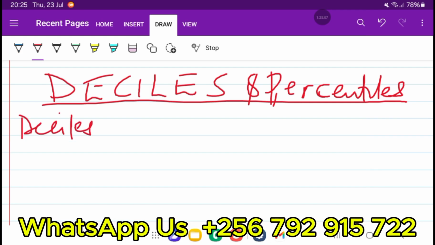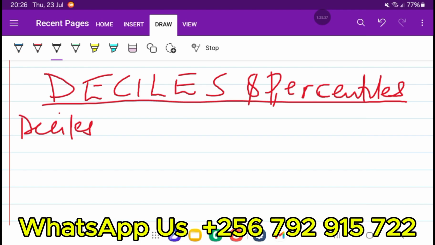For deciles, you order the data the way we have ordered it, you rearrange the data in ascending order. And now we divide that data set into 10 parts. It means the values they are going to give you have to be more than 10.